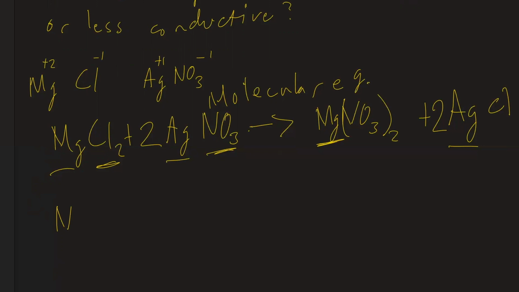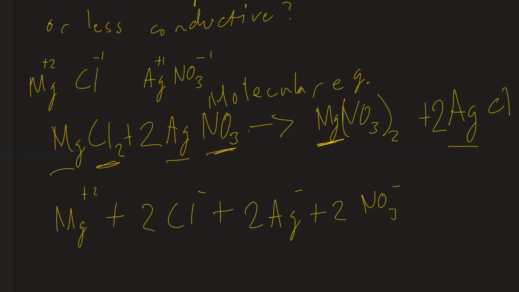So we have Mg +2, 2Cl minus. Silver nitrate. Nitrates are always soluble, with no exceptions, actually. So we have 2Ag plus, 2NO3 minus.